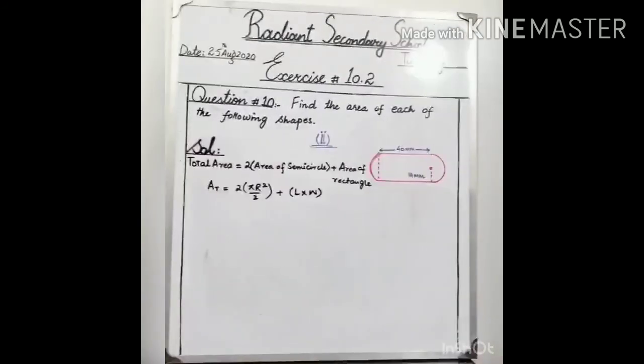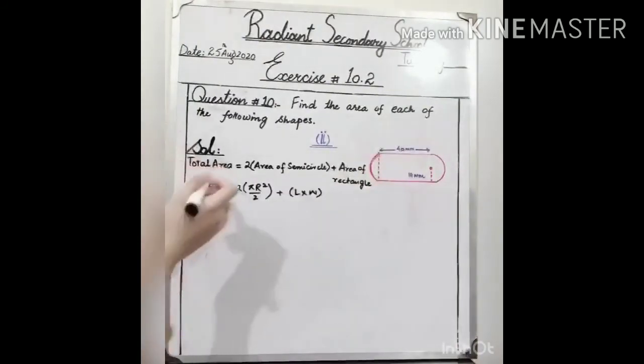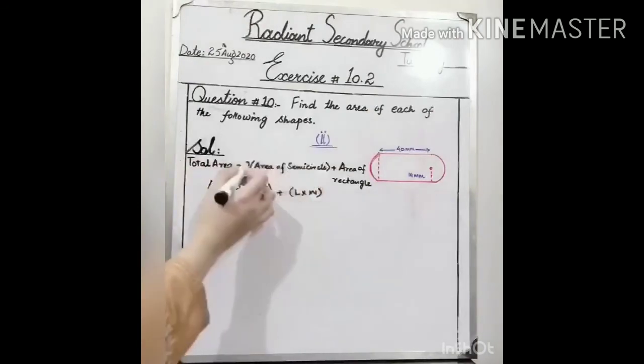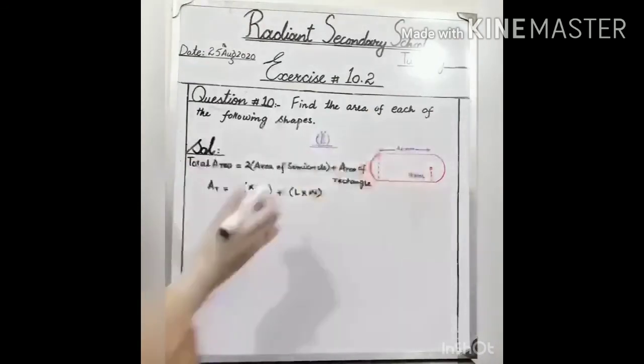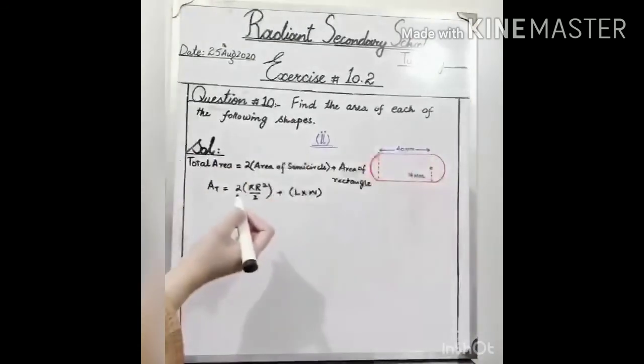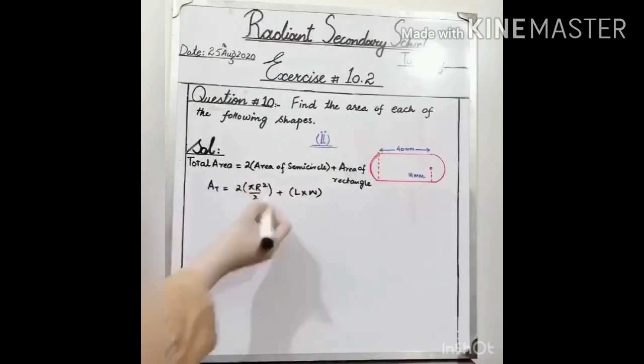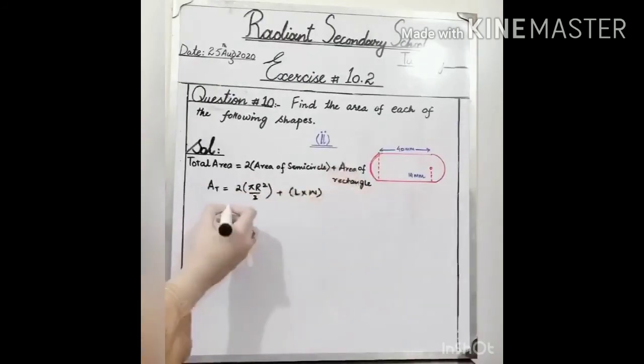In the second part, students, we have two semicircles and one rectangle. So how do we write the total area? 2 into area of semicircle. This 2 means there are two semicircles, plus the area of the rectangle, this one rectangle. So the area of a semicircle is pi r square divided upon 2, plus the area of the rectangle is length into width.